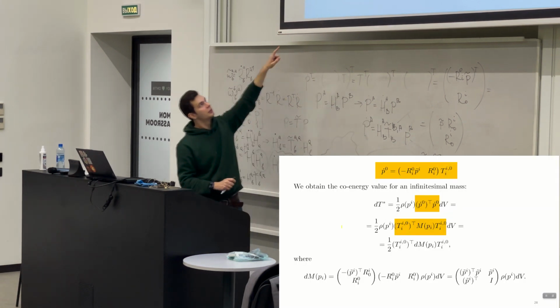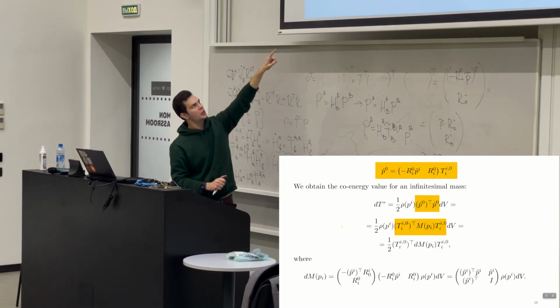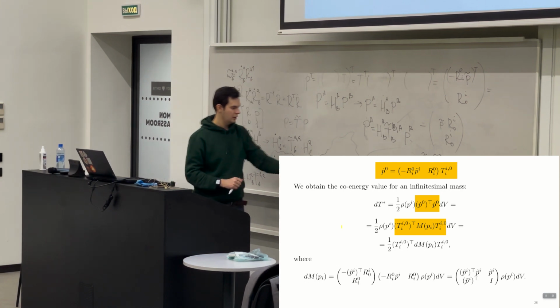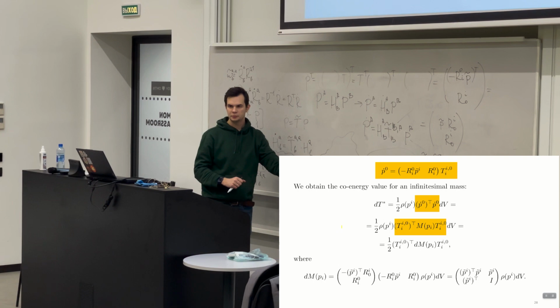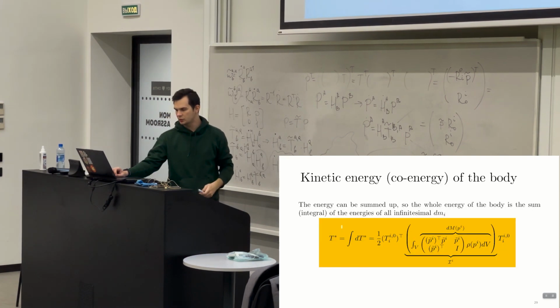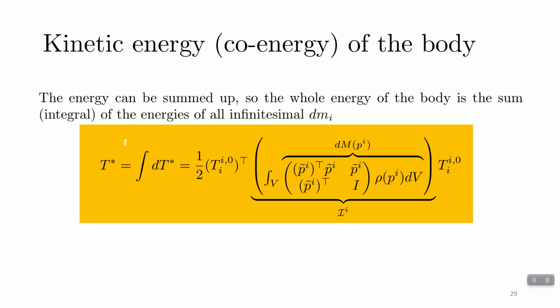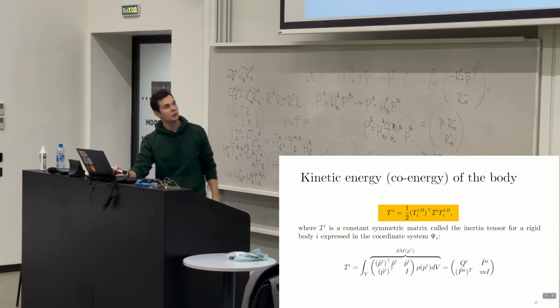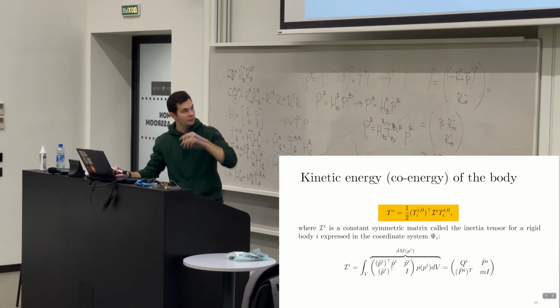Actually now it will be the mass matrix for this tiny component. And now we can take the integral, and the integral of this portion will be nothing else as the tensor of inertia. So if we do the integration, it will look like this.